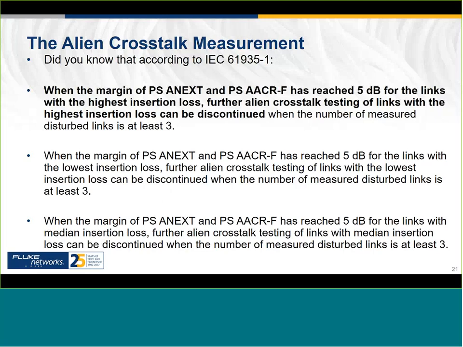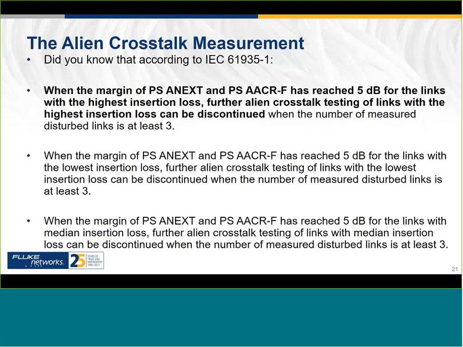So quite conceivably with your sampled approach, once you start testing, you find that you are actually not measuring any alien crosstalk. You can start to stop those tests and further limit the amount of testing that you need to perform.